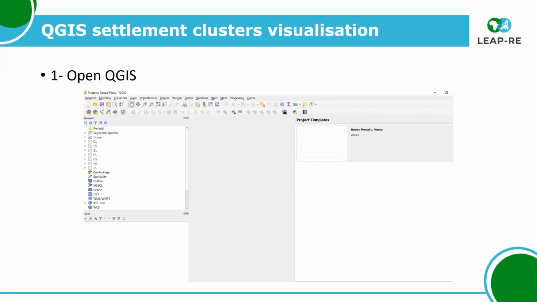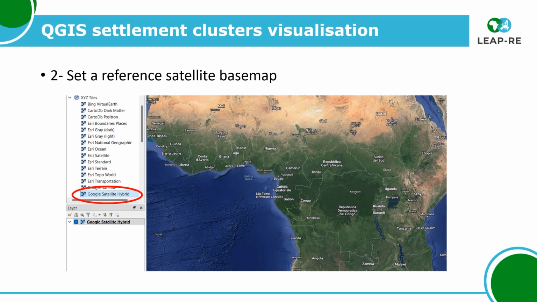To do this, the user will first open the QGIS empty project window and then drag inside our reference map, first of all. So we have the chance on the left menu to select among a set of so-called XYZ tiles that are background maps, which can be terrain maps, they can be satellite maps, street maps, and so forth.